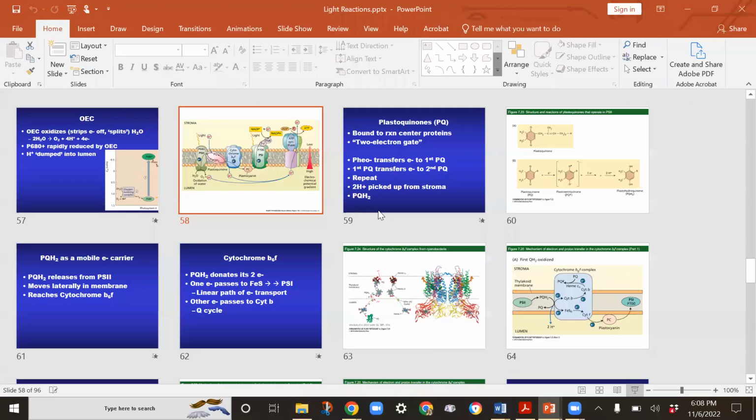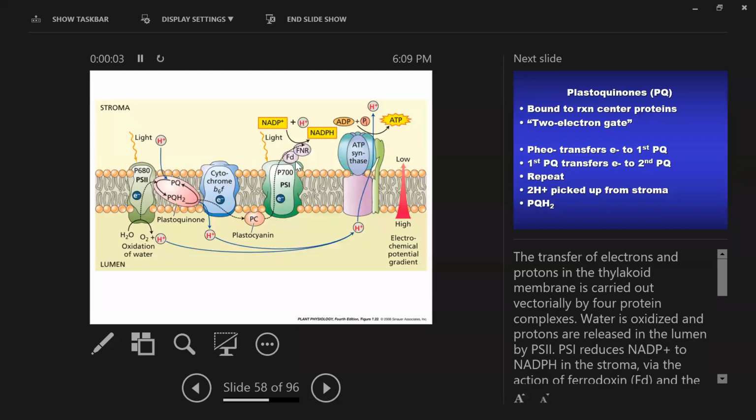So with the Q cycle, we're looking at the point right in here as we're looking at the interaction of the plastoquinone that was associated with photosystem 2.